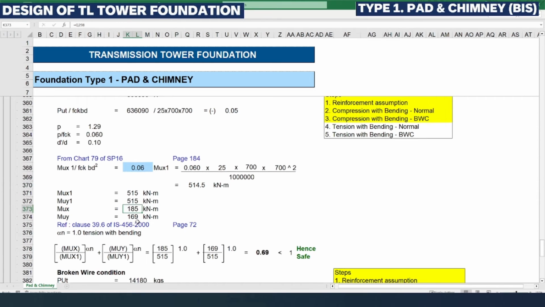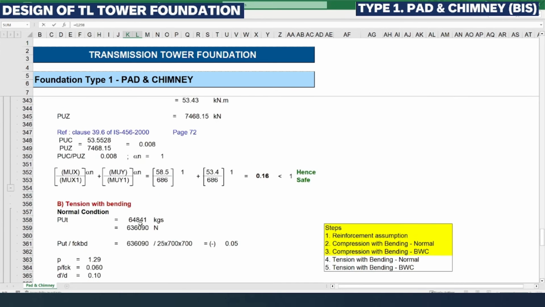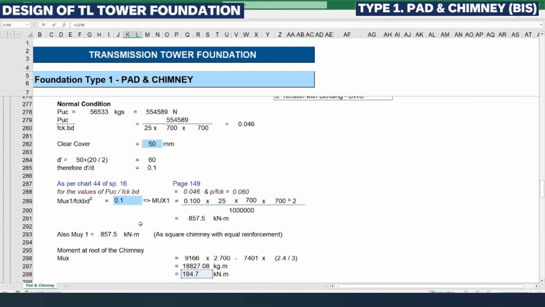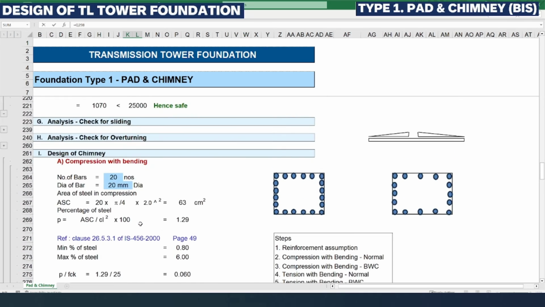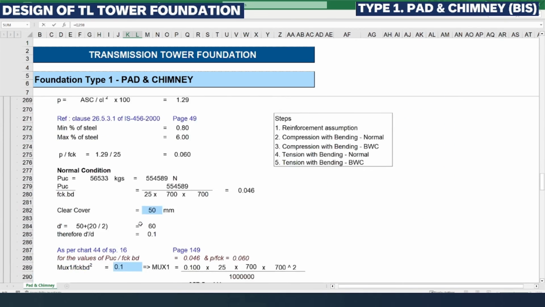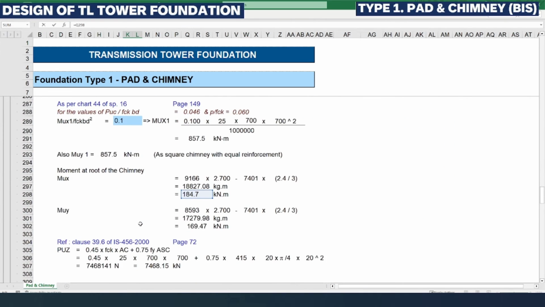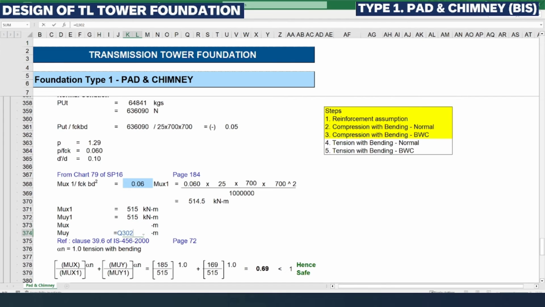Then this Mux and Muy we can consider from the calculation done for compression with bending, because the bending is never going to change, because the bending happens only due to the side thrust. So the same value we can consider for the normal condition, Mux and Muy.